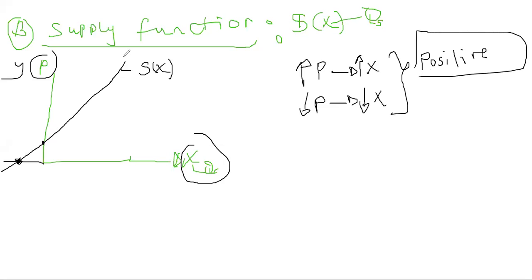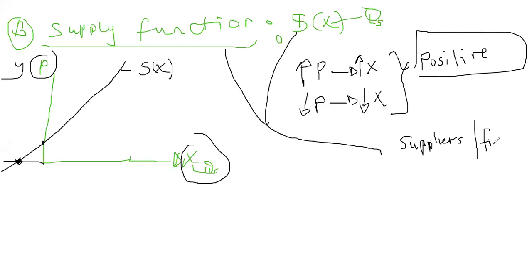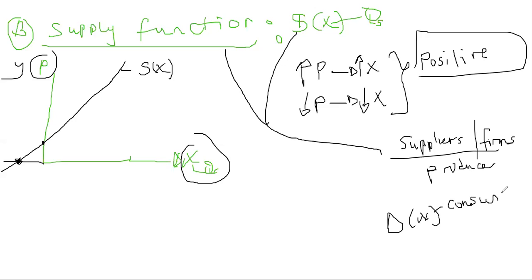If you look at the supply function, it is telling you the behavior of suppliers in the market, or the behavior of firms in the market, the same meaning, or the producers in the market. While the demand function, D of X, is showing you the behavior of consumers, or households in some textbooks.